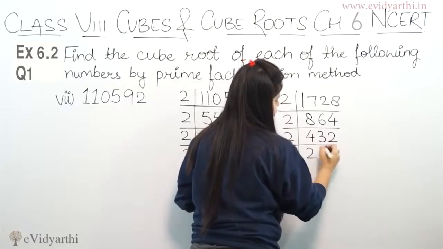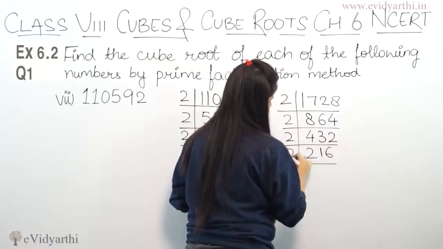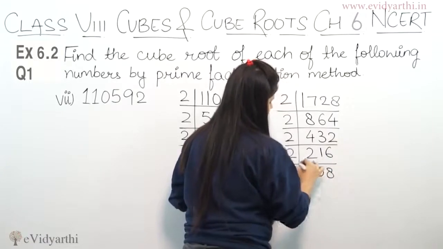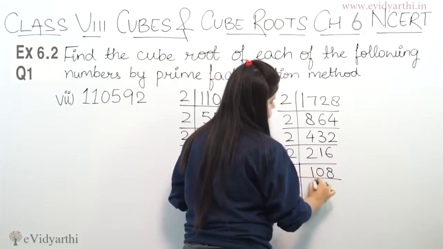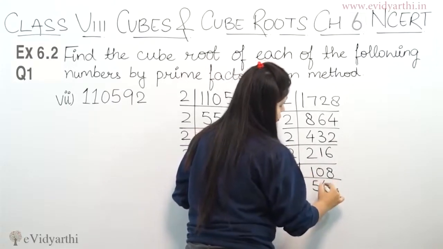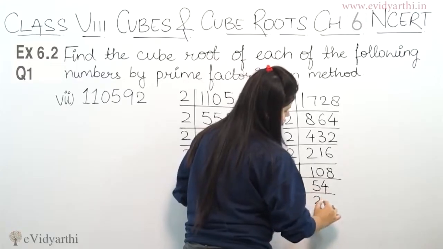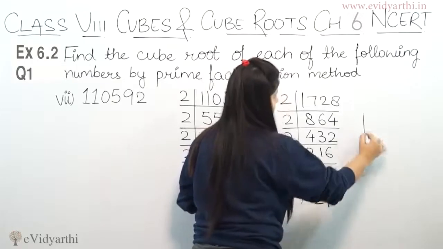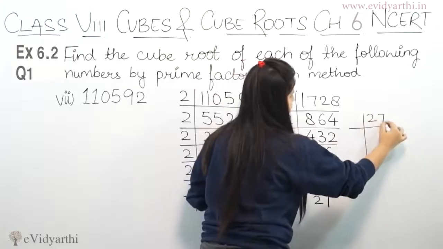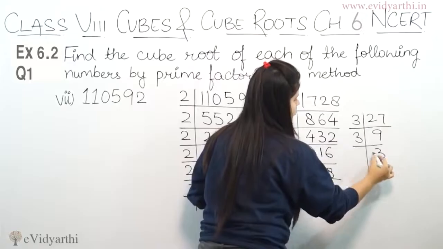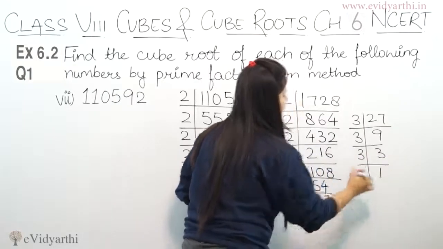Again with 2, 216. Again with 2, 108. Again with 2, 54. Again with 2, 27. Now we have 27. So 3 से करेंगे 9, 3, 3, 3, 1.